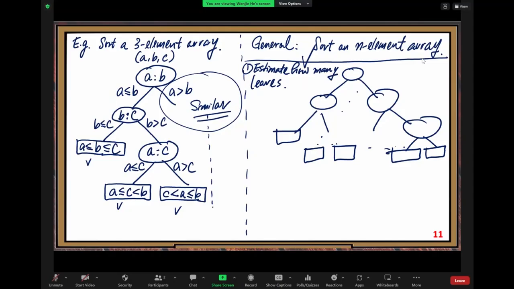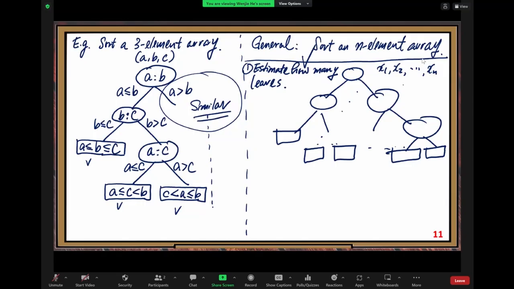Because given n elements, so you can imagine x1, x2, and so on, xn. Each sorting order corresponds to a permutation of these n elements, right? So you know the permutation concept, right?